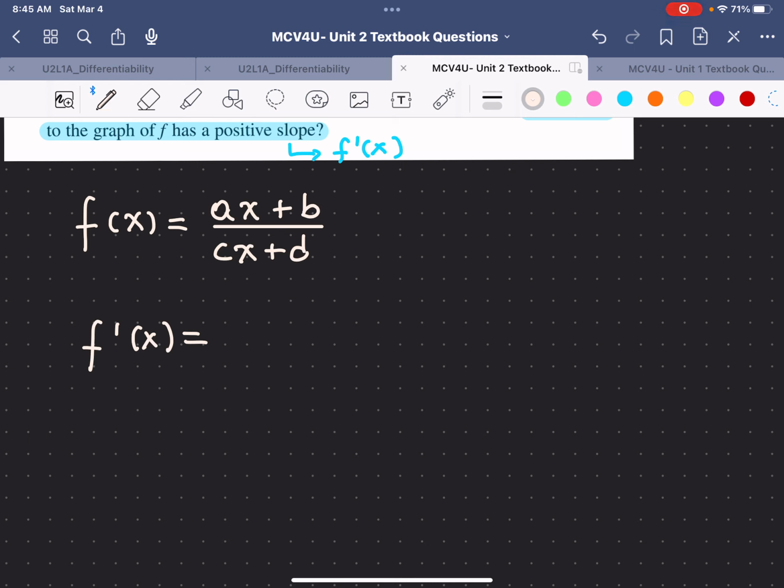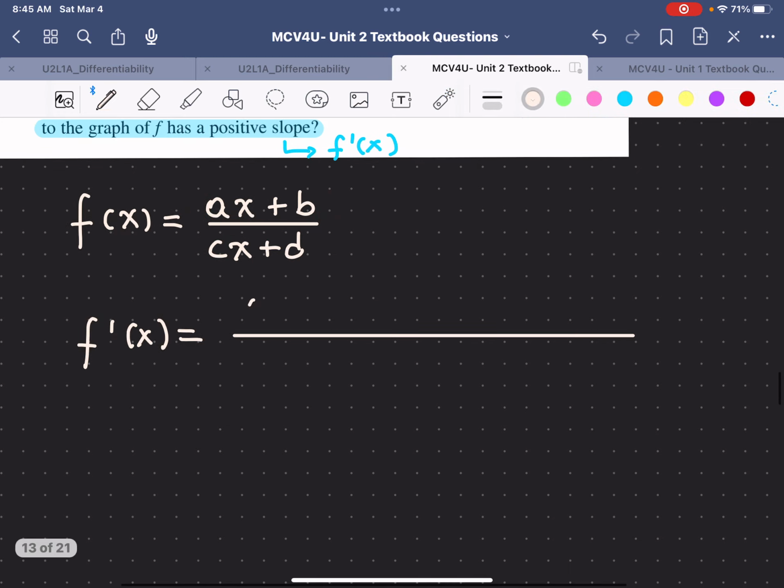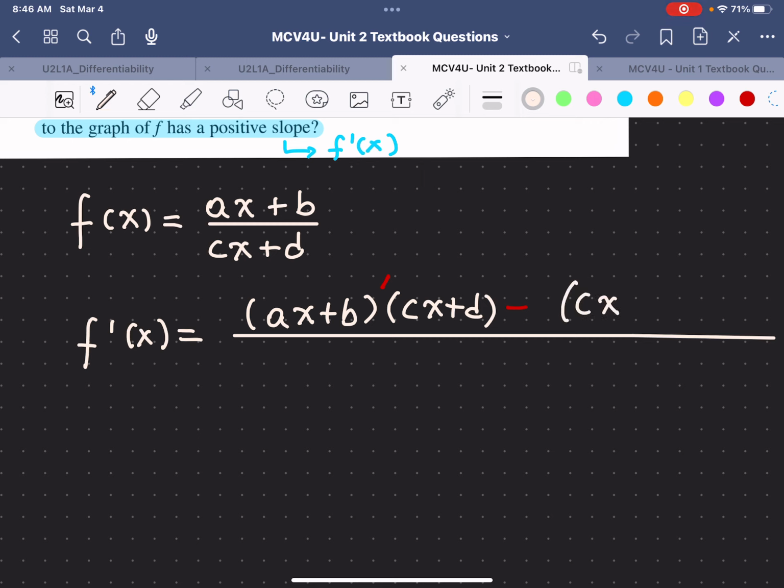To find the derivative of a rational function, we use the quotient rule. That means we find the derivative of the numerator, ax plus b, and multiply it by the denominator, cx plus d. And then subtract the derivative of the denominator, which is the derivative of cx plus d, multiplied by the numerator, ax plus b.